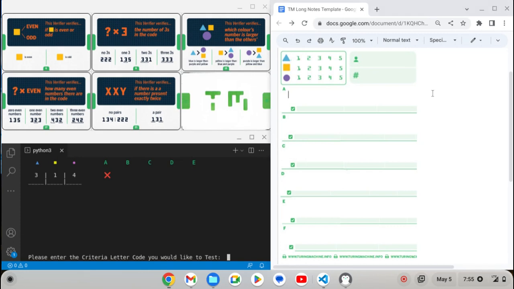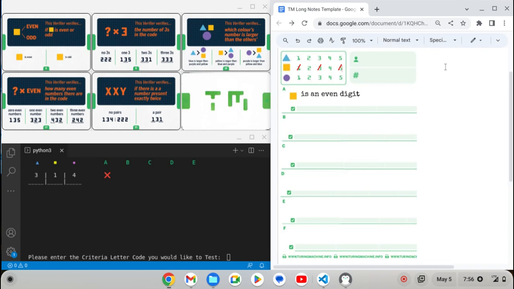So I'm going to go into my notes section and say that square is an even digit. And then I'm going to come above here and cross out all of the odds. Since it can't be odd, it can't be a 1, it can't be a 3, and it can't be a 5. So it must be even, 2 or 4.